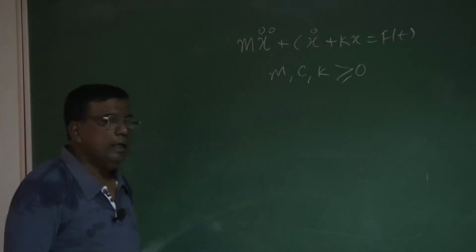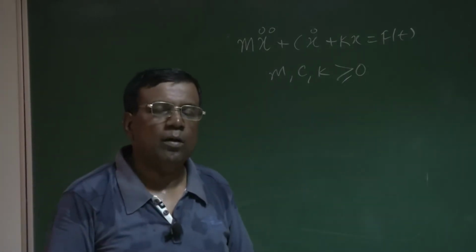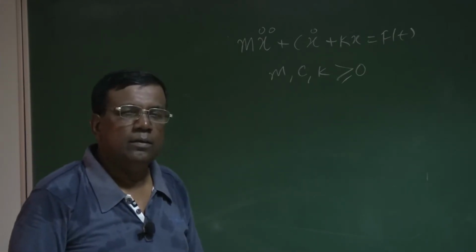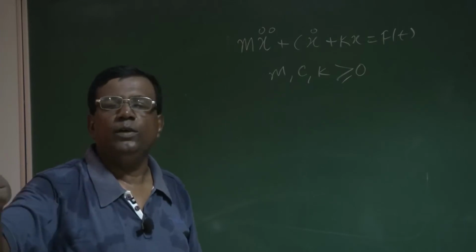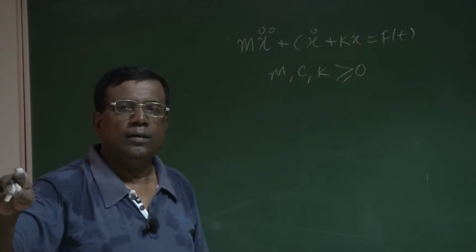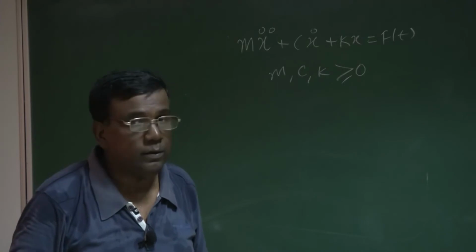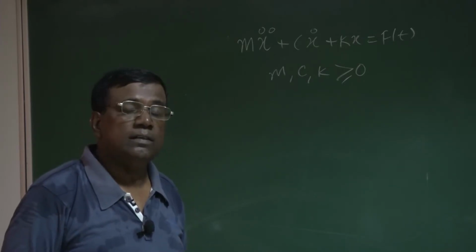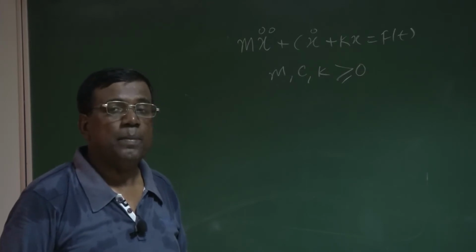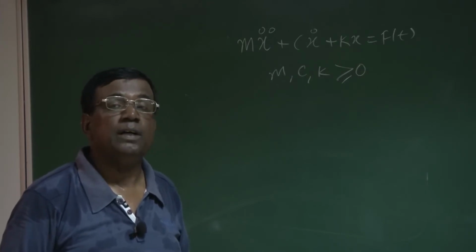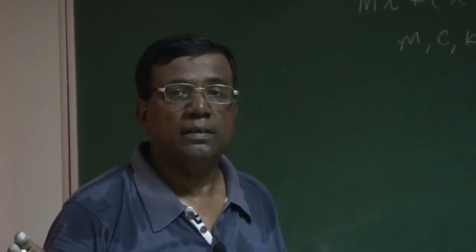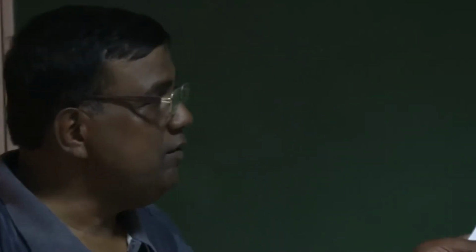Now, ask yourself honestly, whenever you talk about a mass spring damper system, what comes to your mind? You think it must be oscillating and doing like this, right? But is this always true? Question is this. If a system can be modeled as a mass spring damper system, does that mean it will always have oscillations? That is a question you are going to ask and analyze from here.